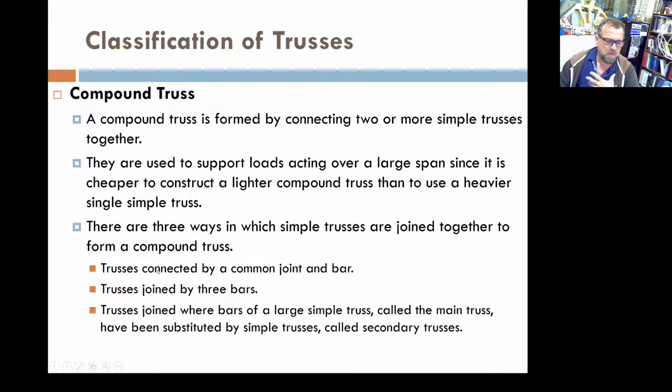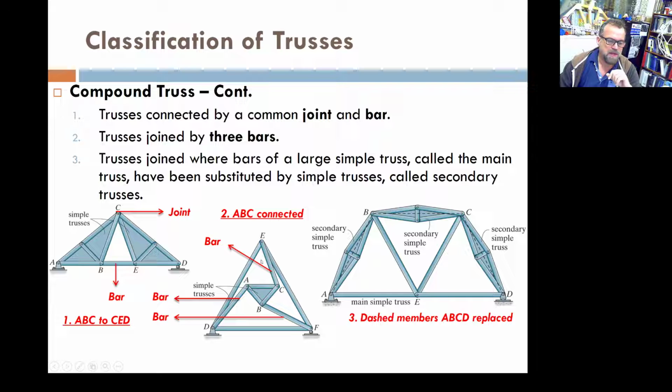Compound trusses are, for example, several trusses connected by a common joint, or several trusses connected by 3 bars, or trusses joined with many bars, different types of bars, or one of the bars is replaced by trusses. Let me explain that. This is one case, this is another case, and this is another case.